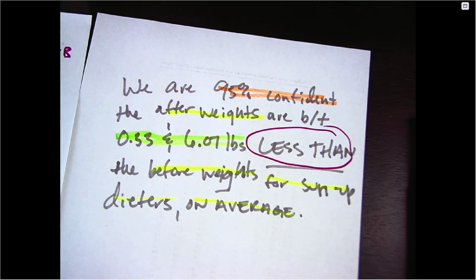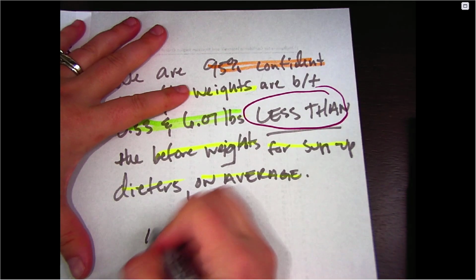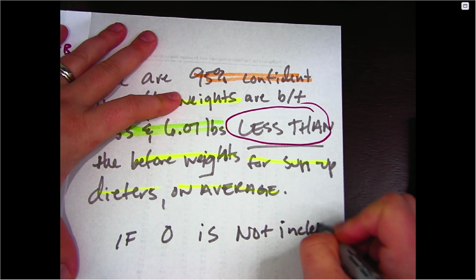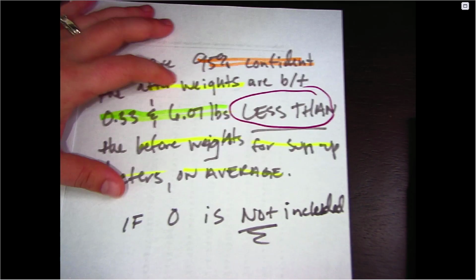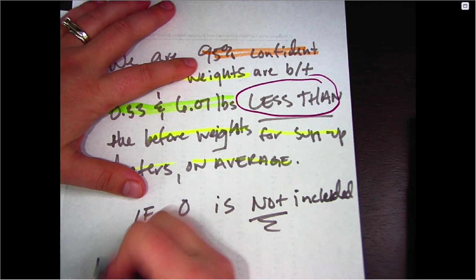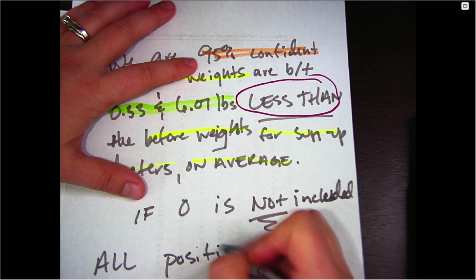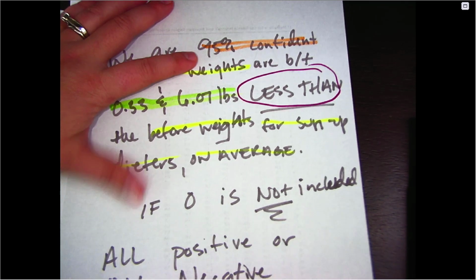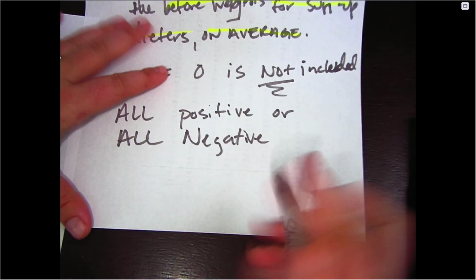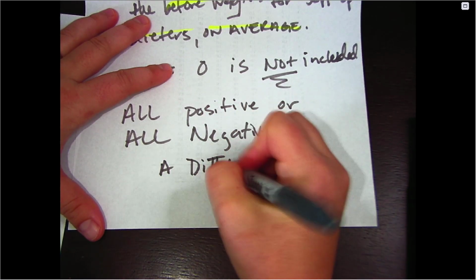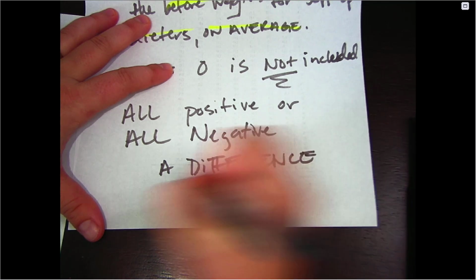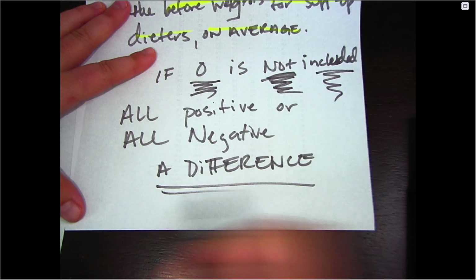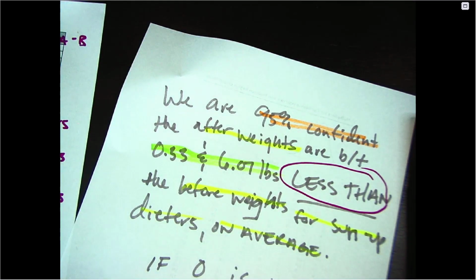Now, the other thing about this data is if 0 is not included in the interval, that means you have an interval that's either all positive or all negative. Okay? If it's not included, you are able to say that there's evidence of a difference. So 0 is the number you're interested in, and if it's not included in the confidence interval, you're able to say there is a difference.